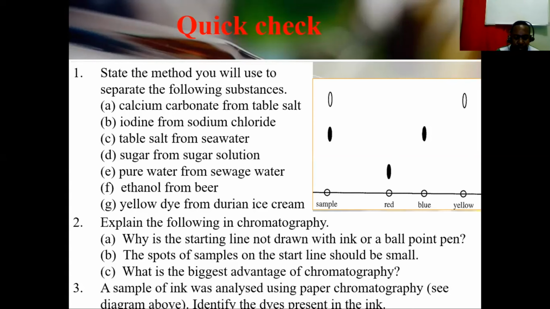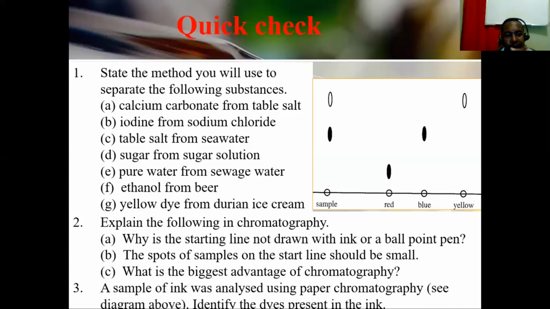But their boiling point in regards to water will be slightly different, right? Therefore we can use distillation to separate it, and then we can do crystallization. So you have to distill it first and then do crystallization after.